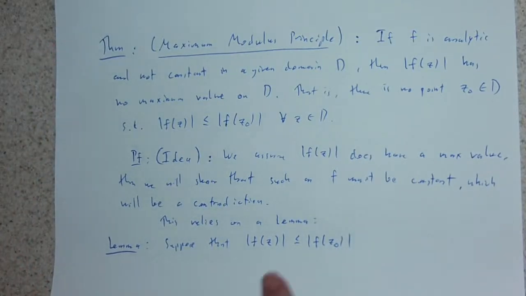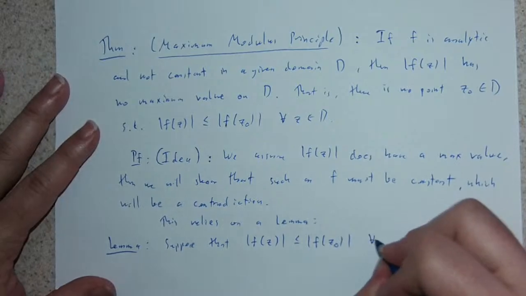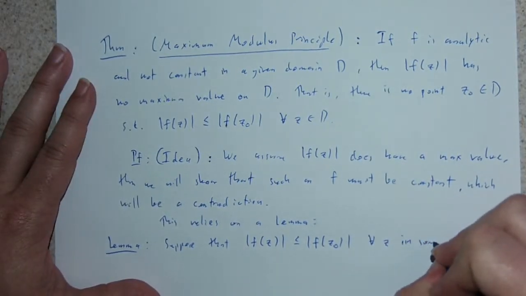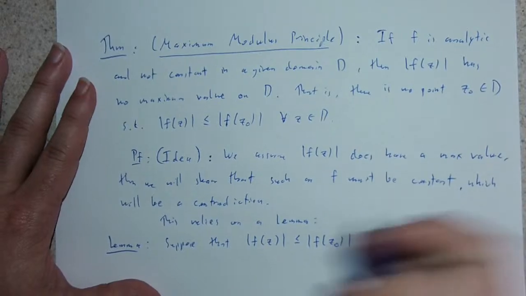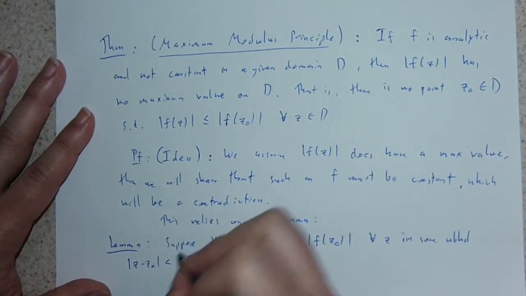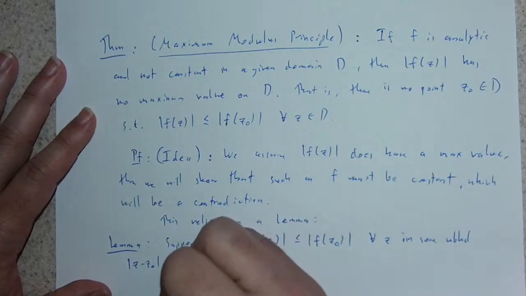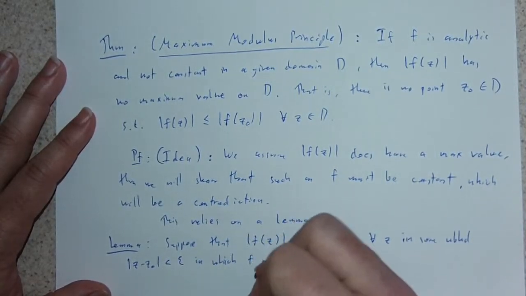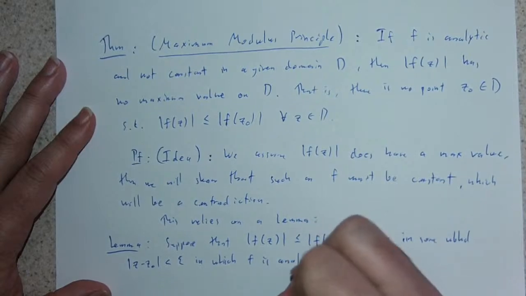So suppose that the modulus of f of z is less than or equal to the modulus of f of z naught for all z in some neighborhood, that is, modulus of z minus z naught is strictly less than epsilon, in which f is also analytic.